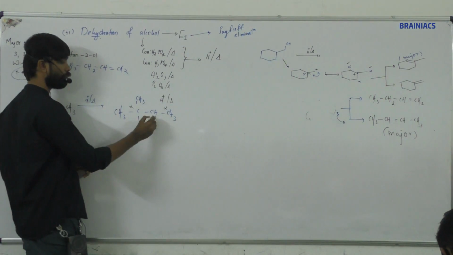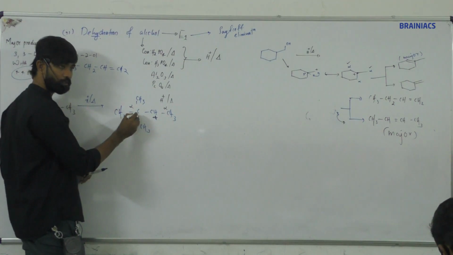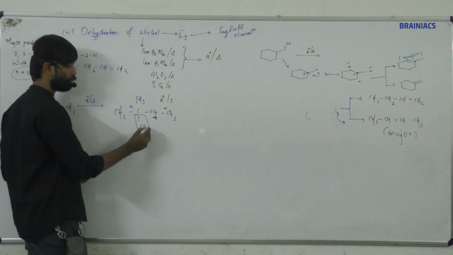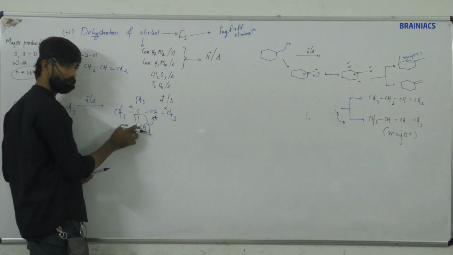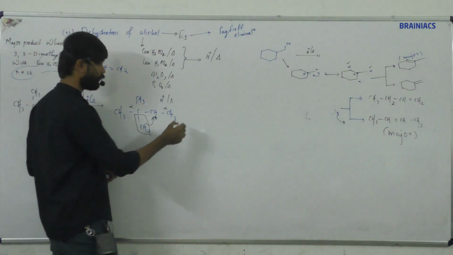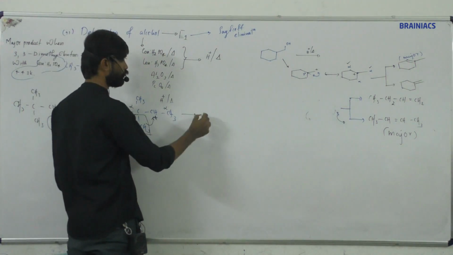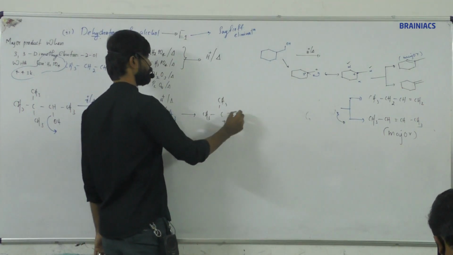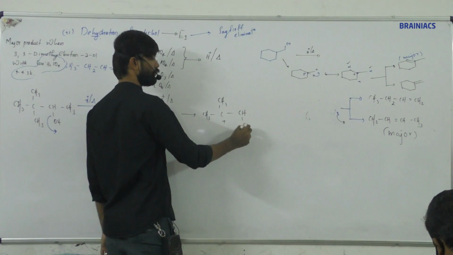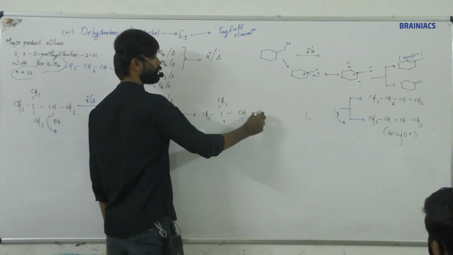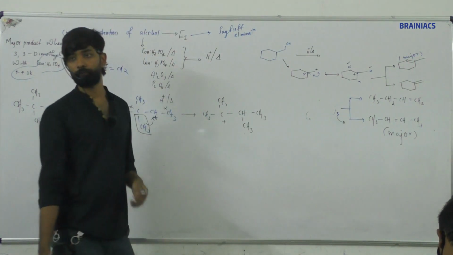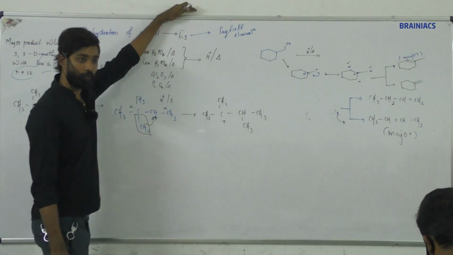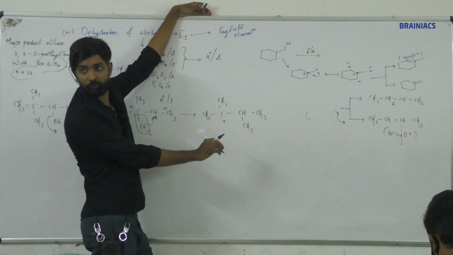But if the positive charge is in this alpha, it becomes tertiary, and there are only methyls, so there is a chance for methyl shift. Agreed. So CH3 here, a plus, CH, CH3, CH3. This is the most stable one, right?